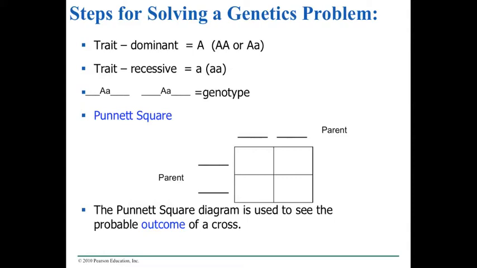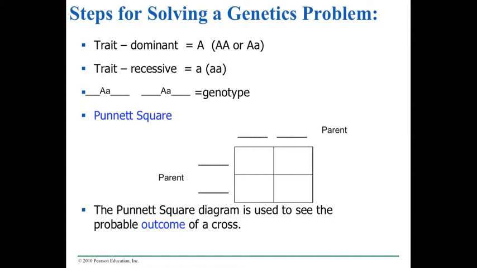So if you read a problem that says there's a cross between a heterozygous versus a heterozygous, you know that there's an upper and a lowercase letter that represents heterozygous. So it's really important that you read the problem. And if you know the terms, you will be able to develop the Punnett square.